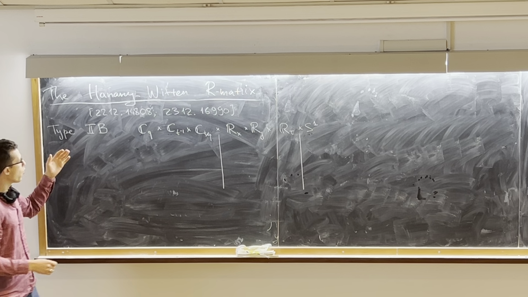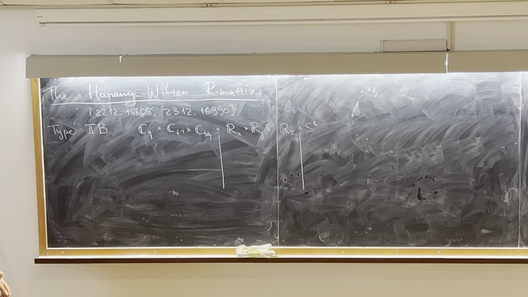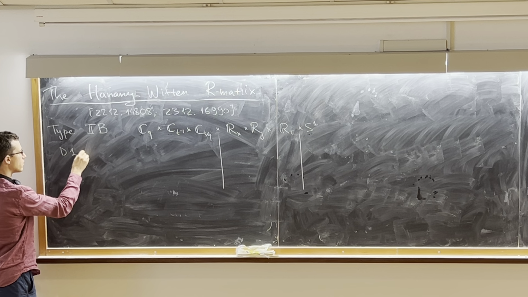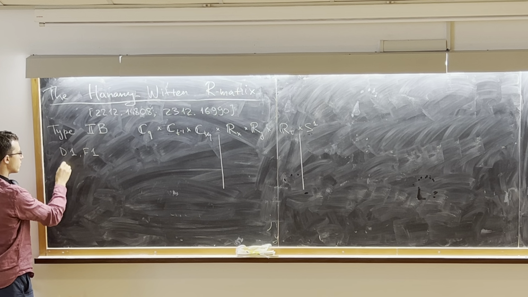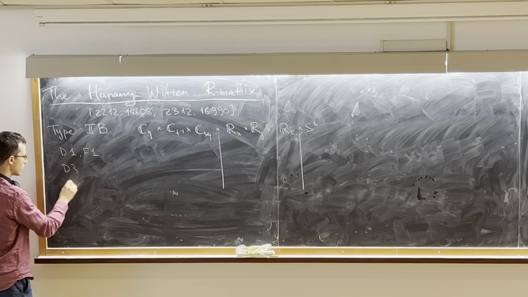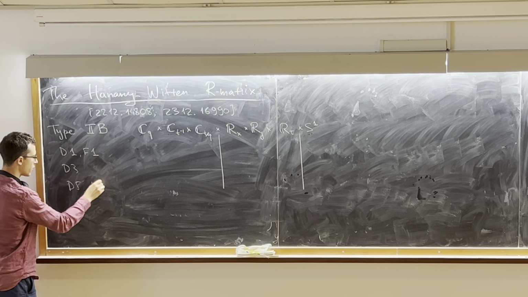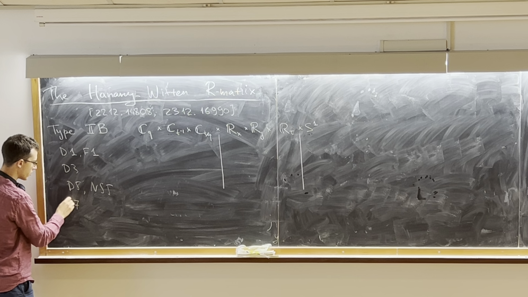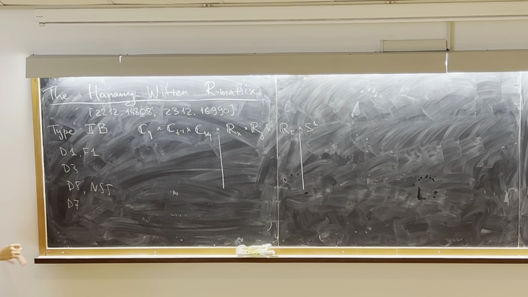So what are the branes of type 2B string theory? Well, there is naturally a zoo of branes. There are even-dimensional branes, like D1, F1, D3, D5, NS5, and 7-branes like D7.